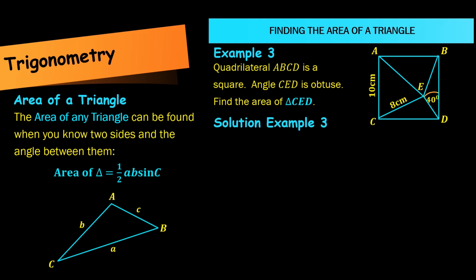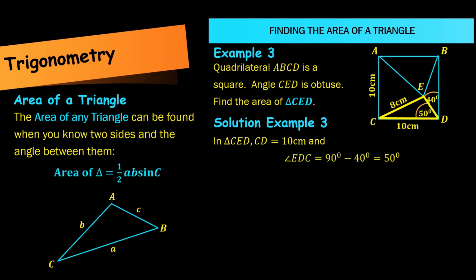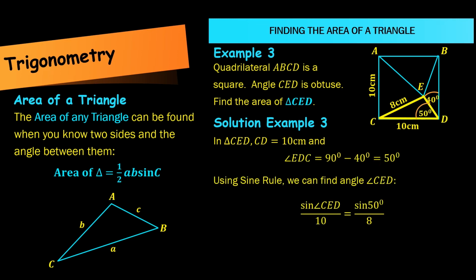So let's solve this. In triangle CED, which has been highlighted, CD equals 10 centimeters. And angle EDC equals 90 degrees minus 40 degrees, which is 50 degrees. Using the sine rule, we can find angle CED.